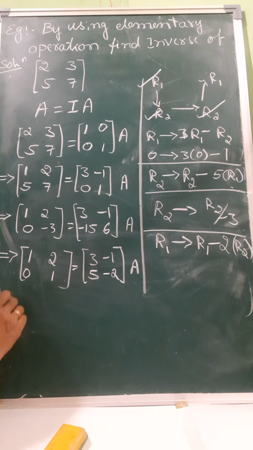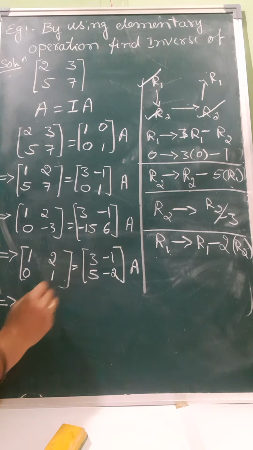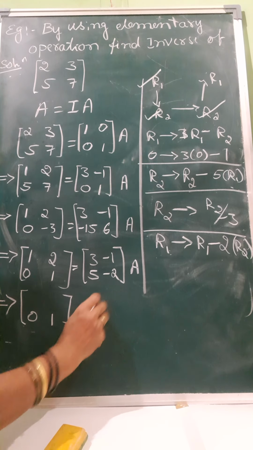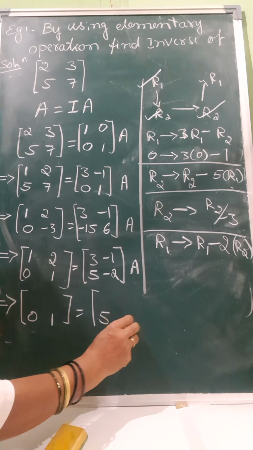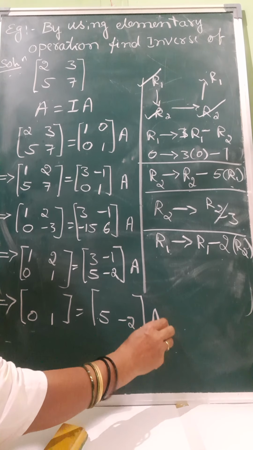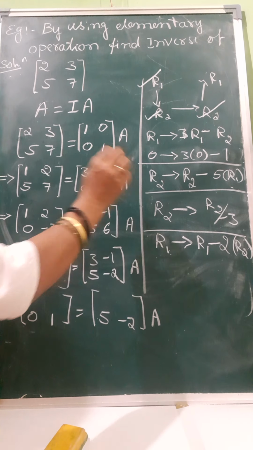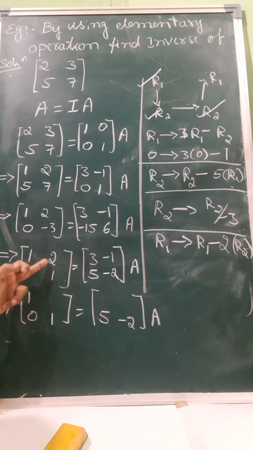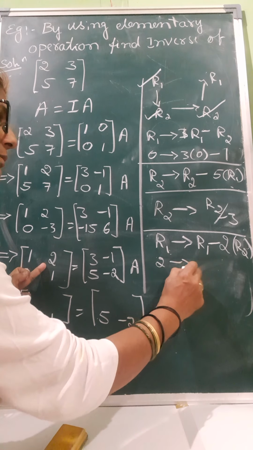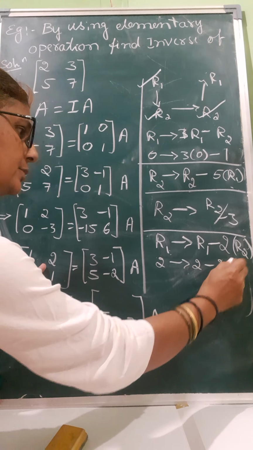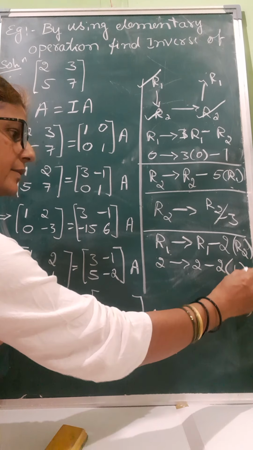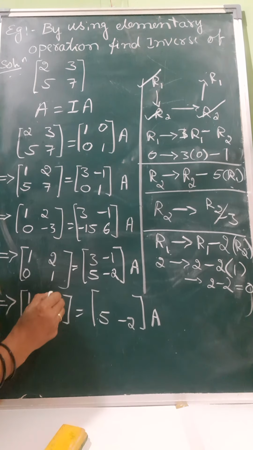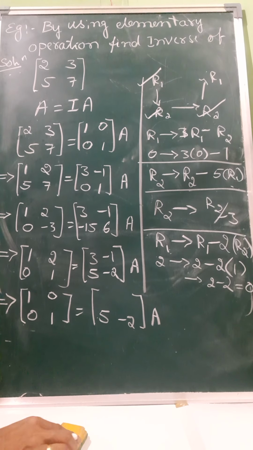So next step is on this R1 change. R2 is as it is. We must write this A. So 2 minus 2 into this one, that is 2 minus 2 is equal to 0. So this becomes 0.